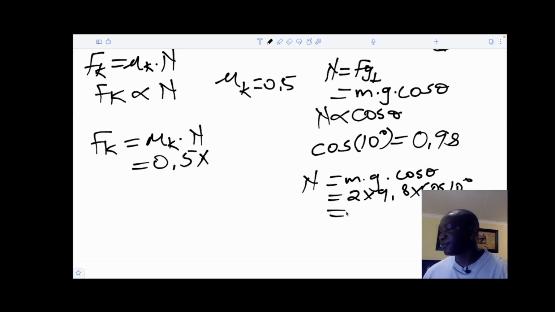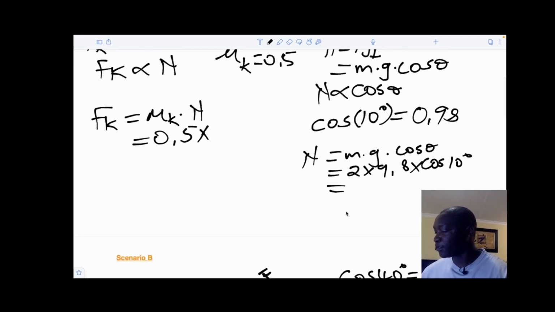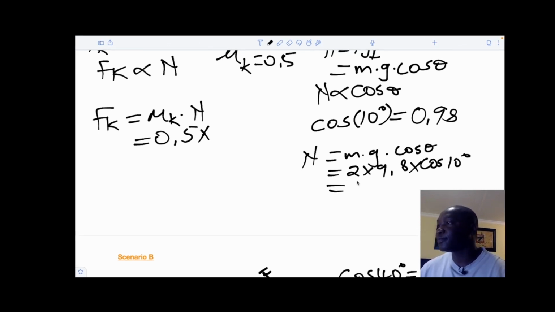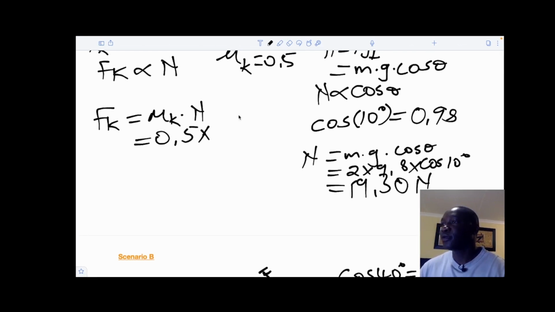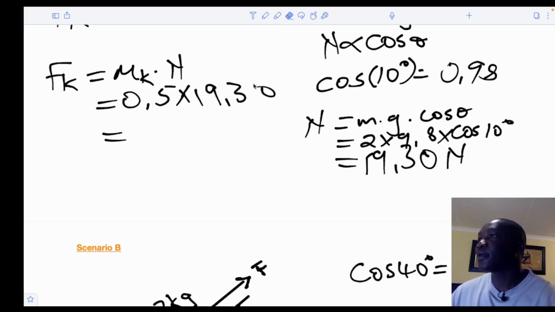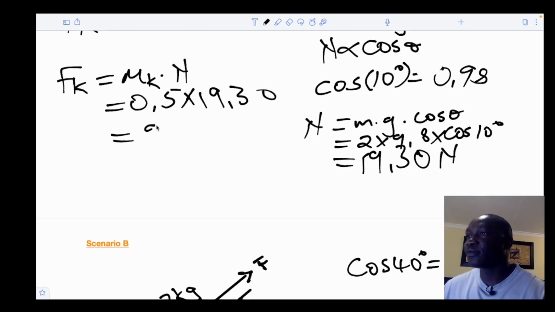When you use a calculator, this will give you 19.30 newtons. So you substitute that 19.30 here, then multiply it by the coefficient. 19.30 multiplied by 0.5 gives you 9.65 newtons.